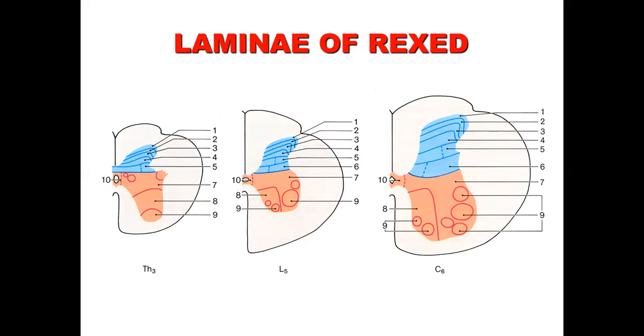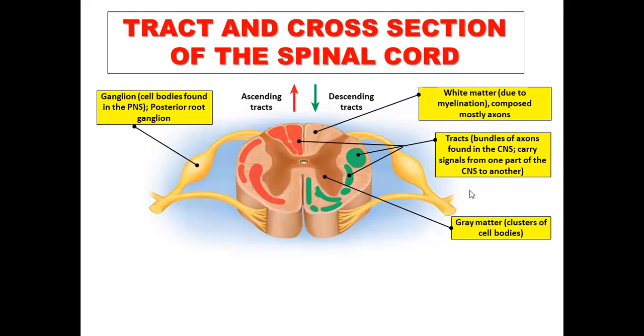Here we see it in the transverse section like this. This picture shows the tracts and the gray matter. As we said, this is the posterior gray column, and the posterior white column contains only the two ascending tracts, that is fasciculus gracilis, and lateral one is fasciculus cuneatus.